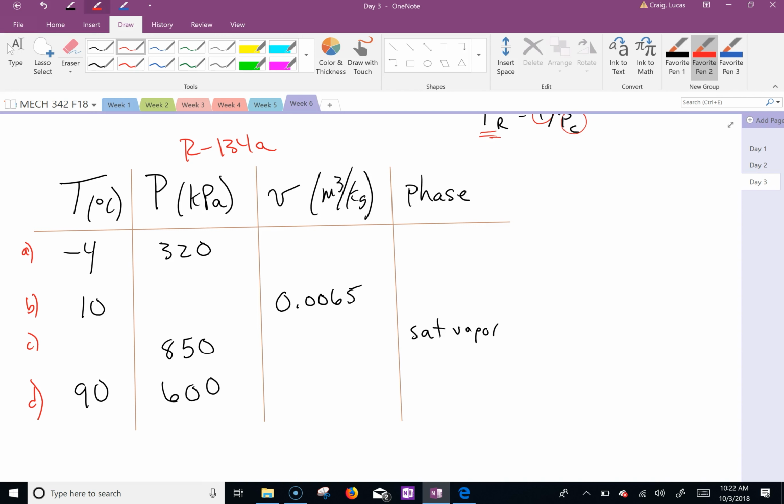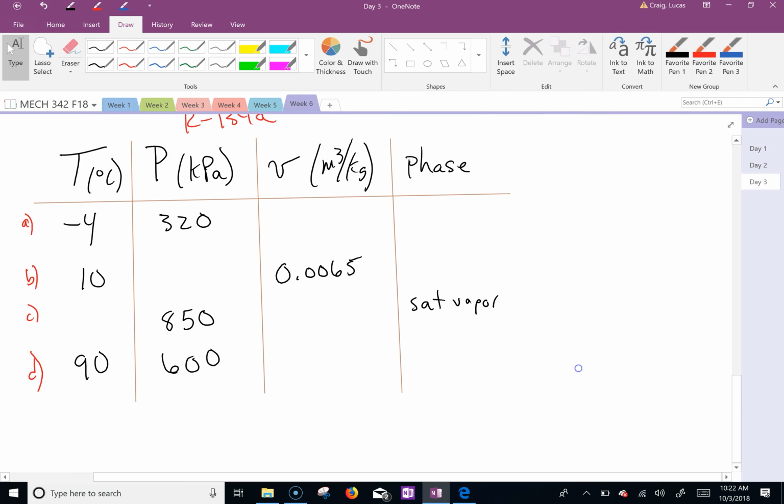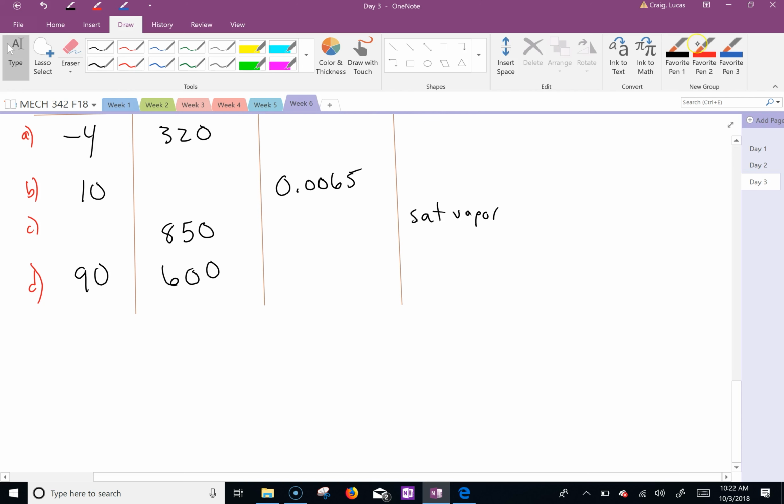Right now, the easiest one that I would do is C, because we already know that's saturated vapor. We're on the line, on the right. We already know what VG would be and all that. I'll wait a minute to make sure you've got these numbers. Looks like everyone may have these. Okay, so let's do C first.